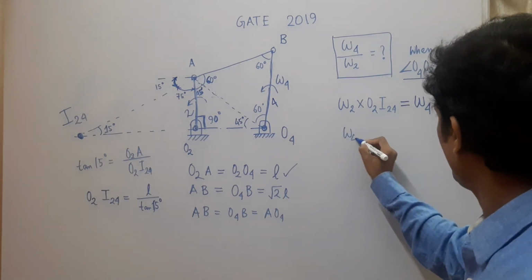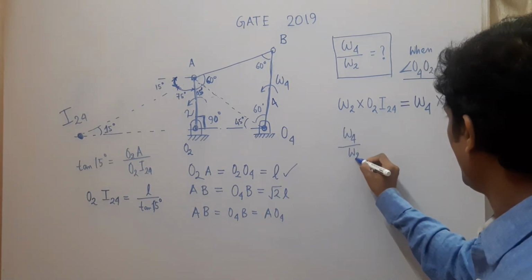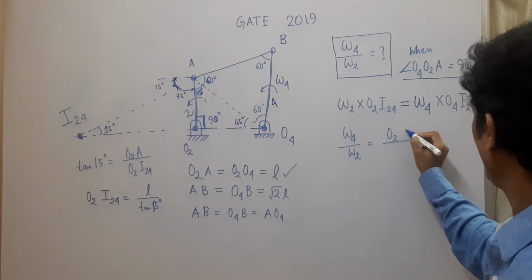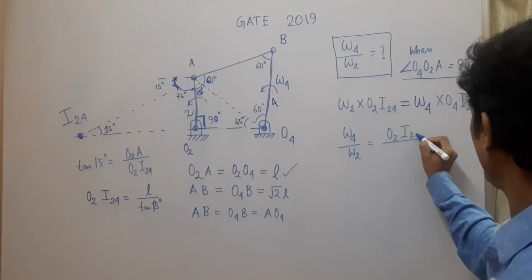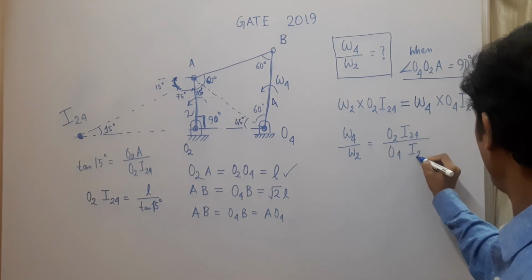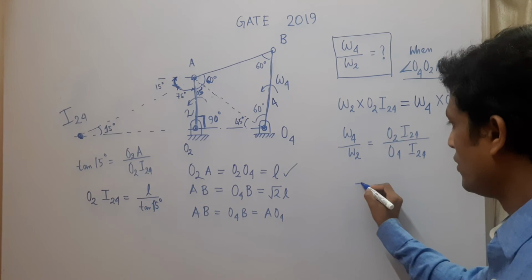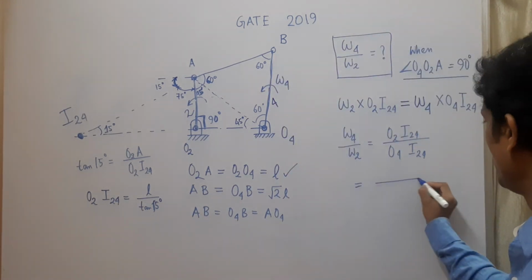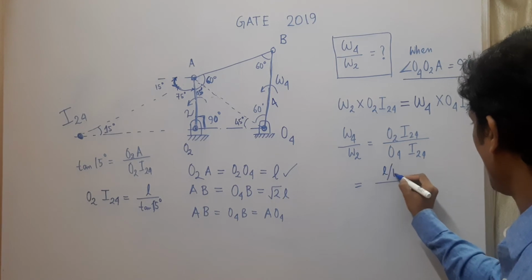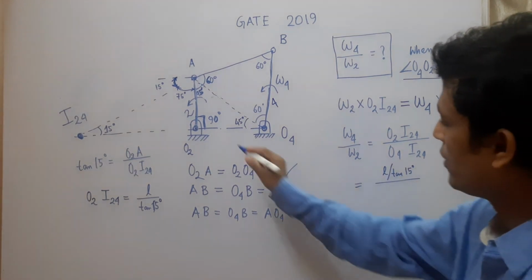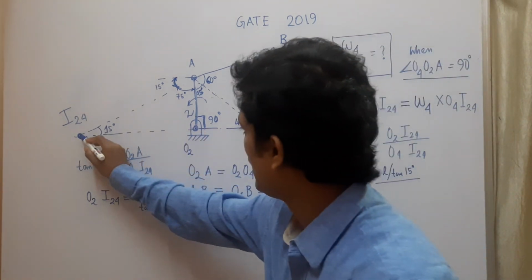So omega 4 by omega 2 is equal to O2 I24 by O4 I24. We have already determined O2 I24, that is L by tan 15 degree. And what is O4 I24?